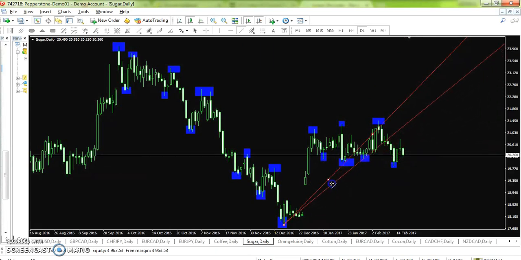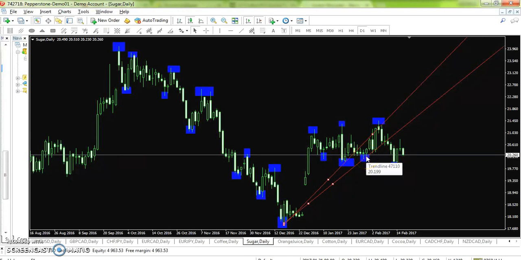If I'm aggressive and intend to jump into this sugar market for a sell, then I have to draw another trend line. The trend line connects the first point, the lowest point, and this is the second point.